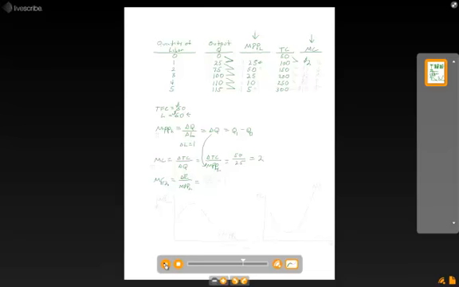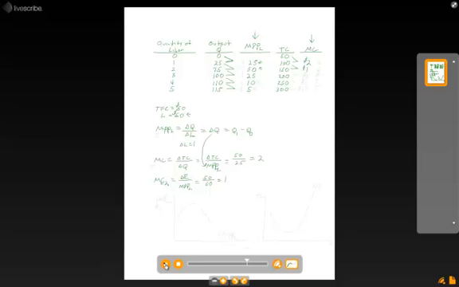So 150 minus 100 gives us a change in total cost of $50, divided by our marginal physical product of labor, which is 50. So 50 divided by 50 is going to give us $1. Our marginal cost of producing the next unit of output is going to be $1.